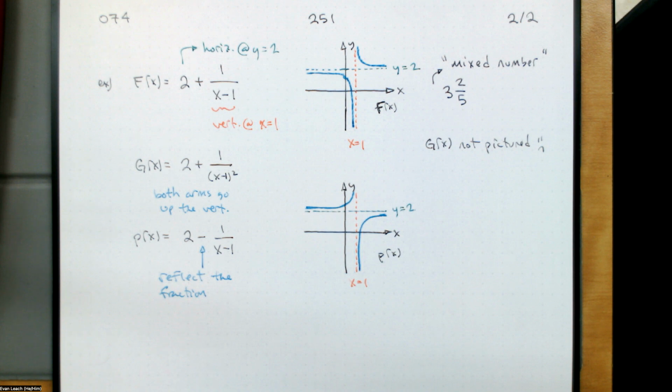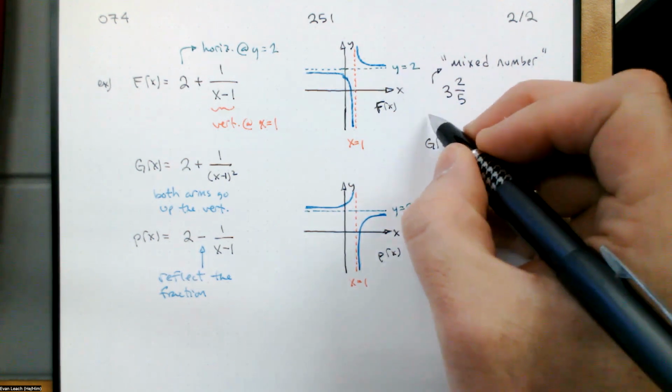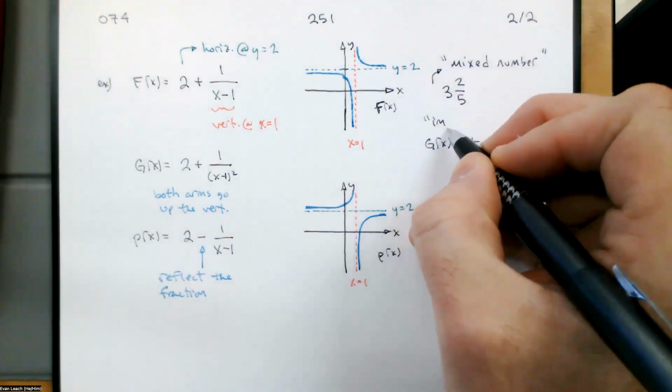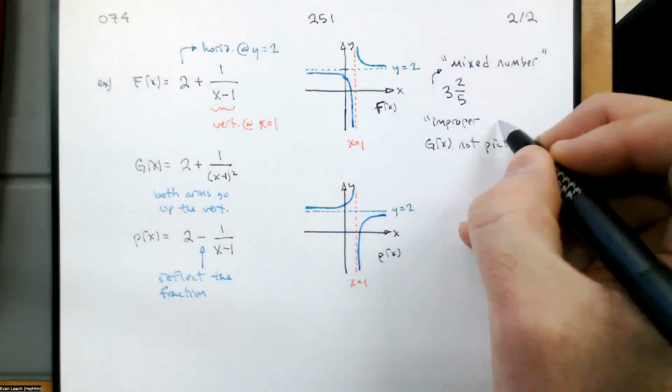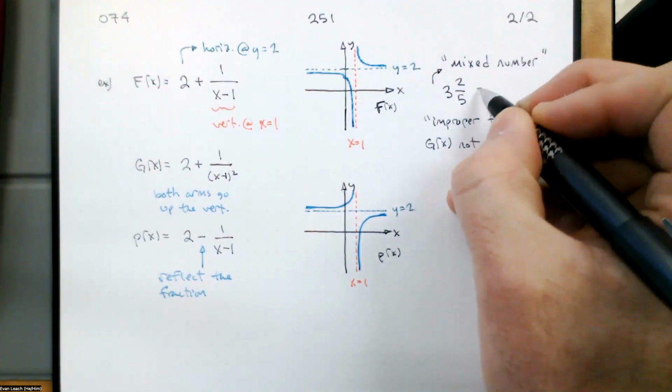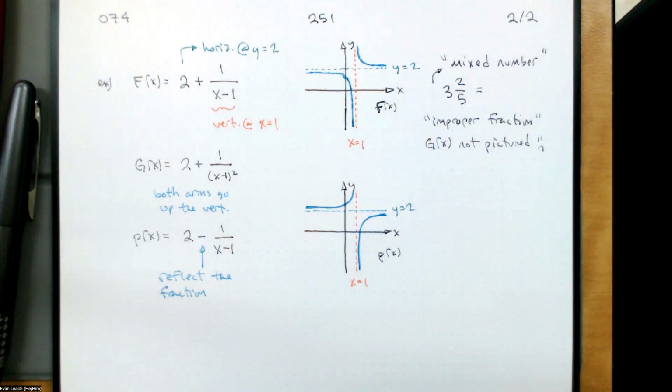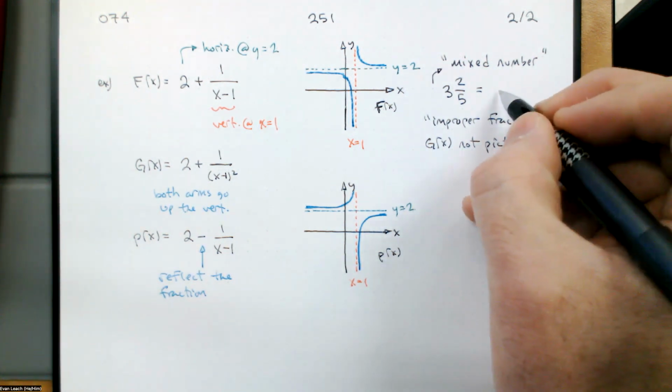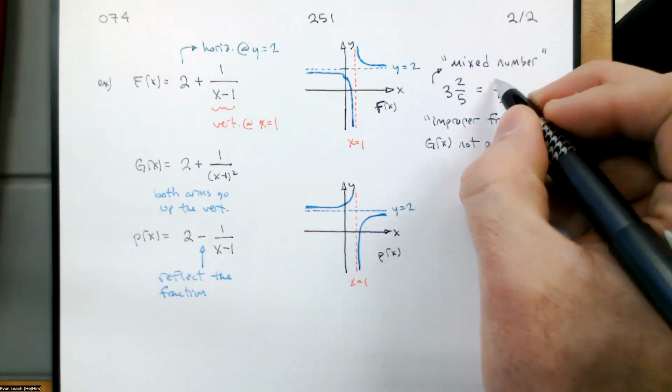What is 3 2/5 as an improper fraction? How do I express 3 2/5 as an improper fraction? It's what over 5? 17.